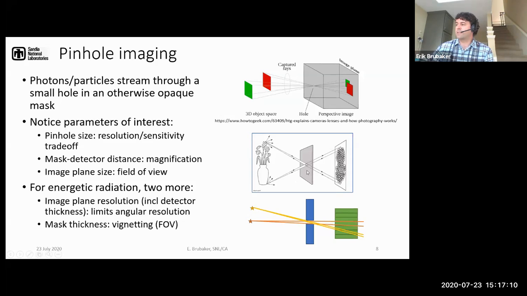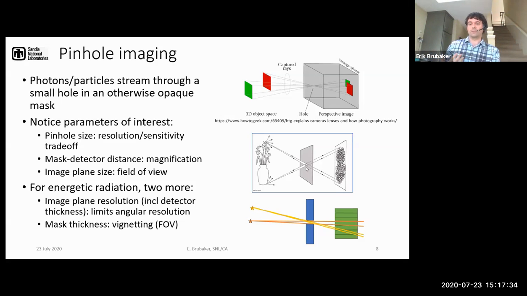And you can see in this middle picture here an example of what happens as you start to increase the pinhole size. First of all, why would you want to increase the pinhole size? Well, because if you have truly just a negligibly sized pinhole, then a negligible number of particles or photons will stream through that aperture.